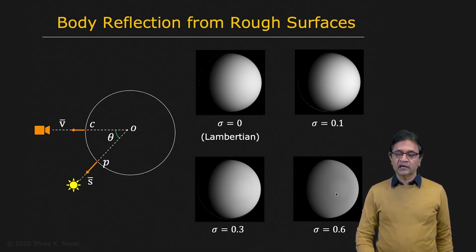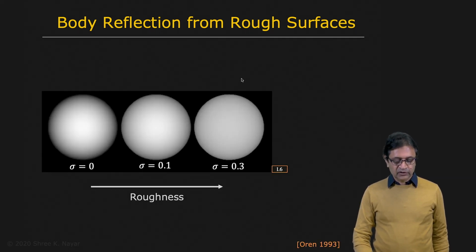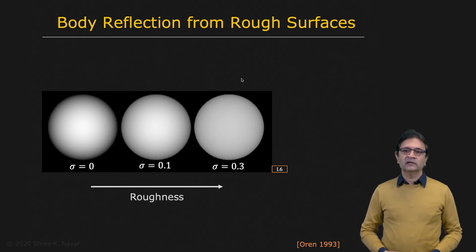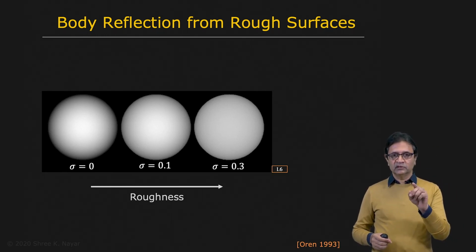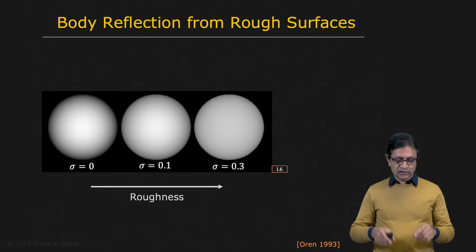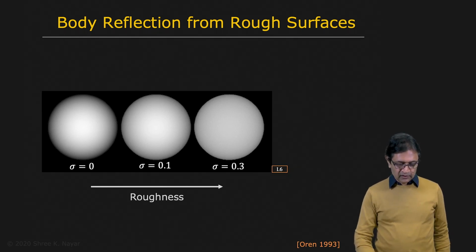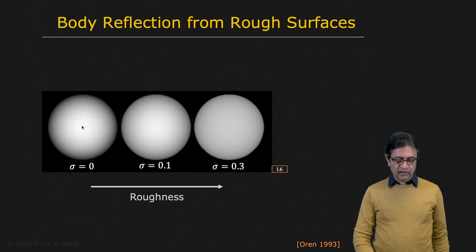If you look at this area right here, you see it's not quite as bright as this area right here. So this is an interesting effect which is particularly pronounced when the viewing direction and the source direction are the same. So here you're seeing spheres that are illuminated and viewed from the same direction.